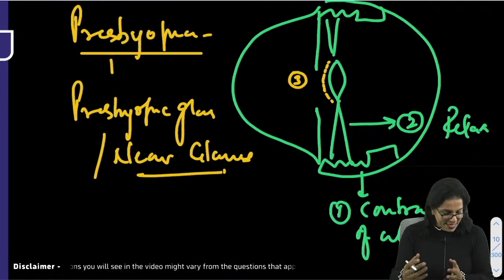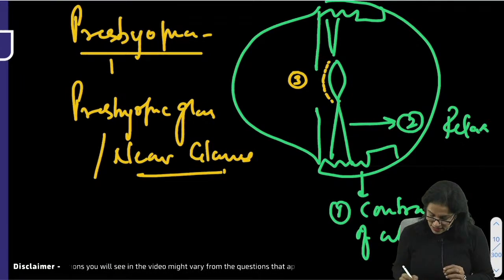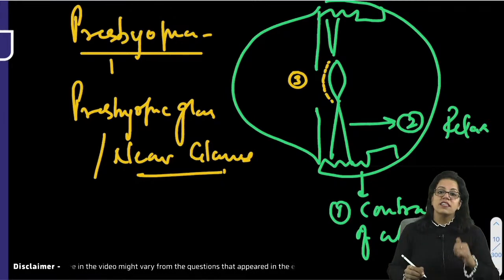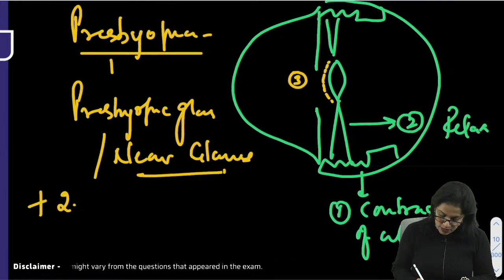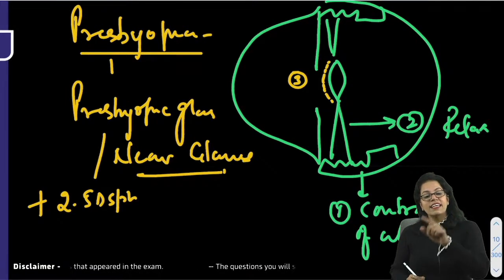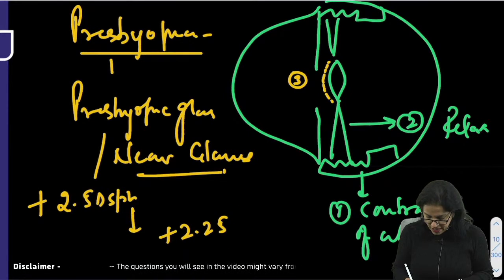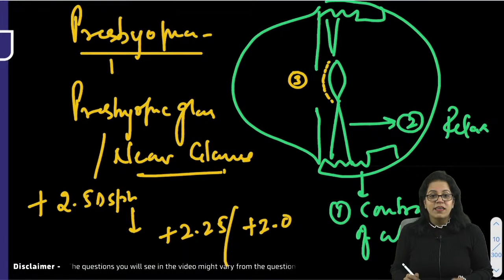So when I am examining this patient, he was using the near glass already of plus 2.5 diopter spherical. When I did my refraction, I gave him a little lesser, maybe plus 2.25 or maybe plus 2. He is very happy.